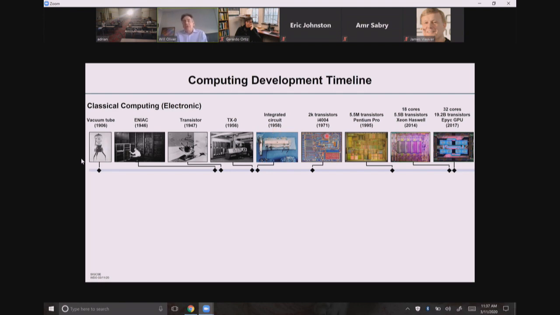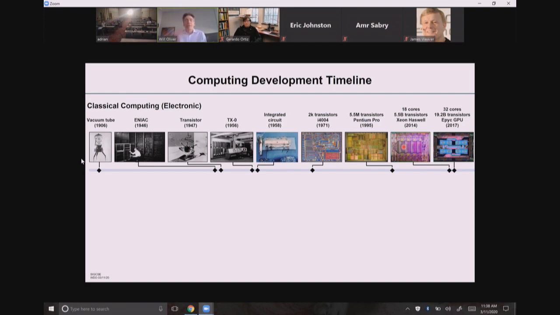But again, it was a couple of decades before we got into the 70s and started seeing the circuits that we would recognize today as integrated circuits: the Intel 4004, the 8008, et cetera. Then another two decades to get to the Pentium Pro, where we had millions of transistors, and then another couple of decades to get to the billions of transistors, GPUs, and multi-core processors that we have today.